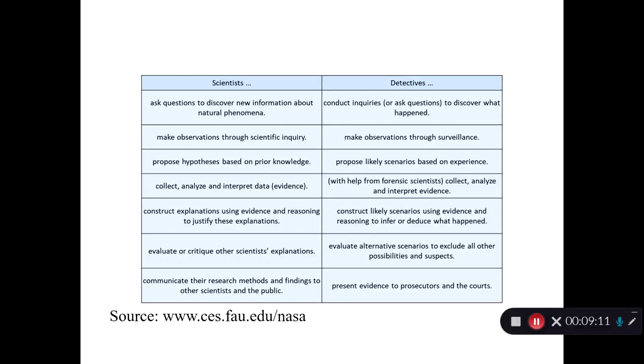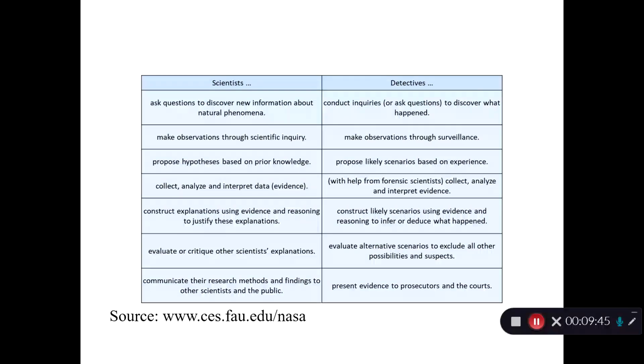So one way to think about science is to contrast it with solving a mystery, right? So you can see this table where we have how scientists approach a question, and then on the right we have how detectives approach, let's say we have a grisly murder that we have to figure out, right? So again, this very evidence-based process. So a scientist is going to ask questions to get new information about some natural phenomenon. A detective is going to go out, interview people, try to figure out what happened, gather evidence.